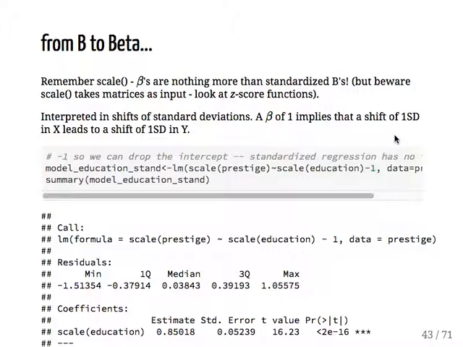So if you calculate the betas, then we no longer have an estimate for the intercept, which tells us how much up or down we're going. We're really just interested in comparing the effects. So -1 will drop the intercept from our model. Yeah, so you can see in this model there is no intercept anymore, only the scale education. That's the beta coefficient.